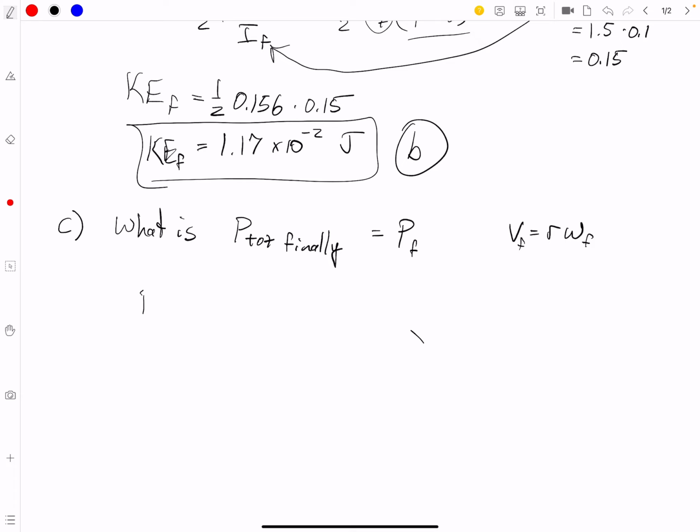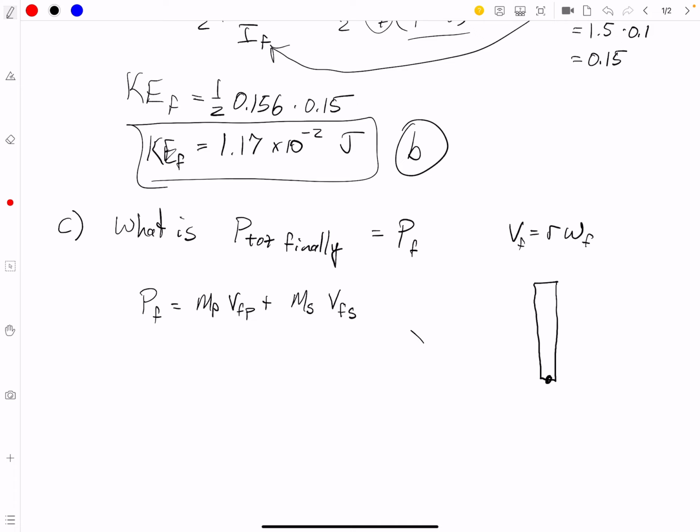Then P final is equal to the mass of the puck times V final plus the mass of the stick at its center of mass times its velocity at its center of mass. For the stick, because it's going to be a little different than for the puck, because the radius changes, let's draw a picture.